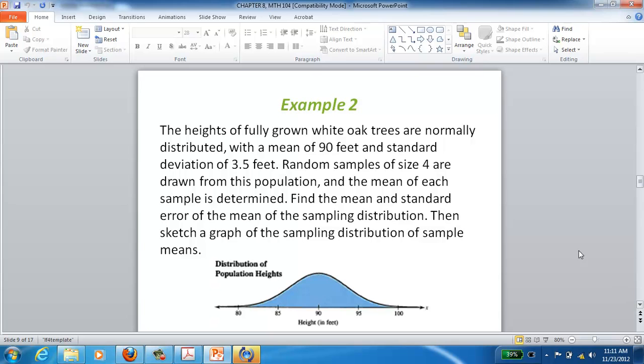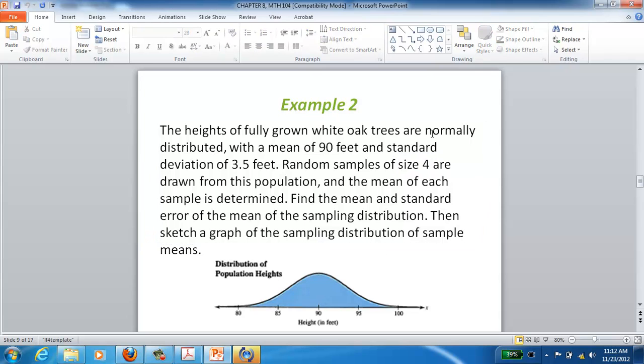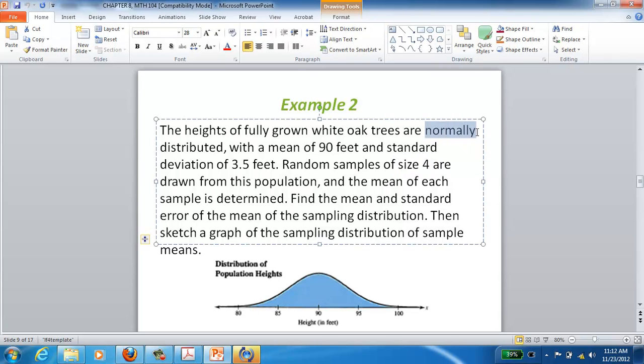Example number 2, we know again the mean, we know the standard deviation, we have a small sample size of 4, but we know from the problem that the population is normally distributed, so we don't have to worry about the sample size.